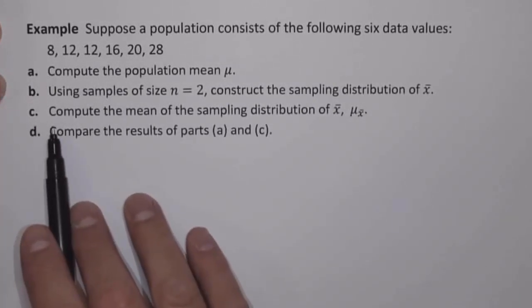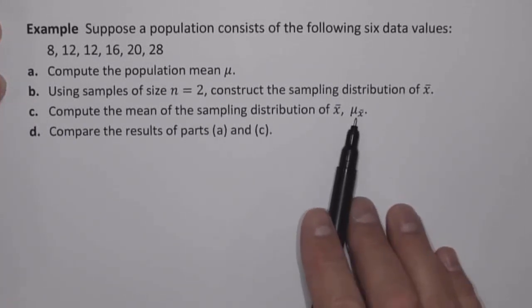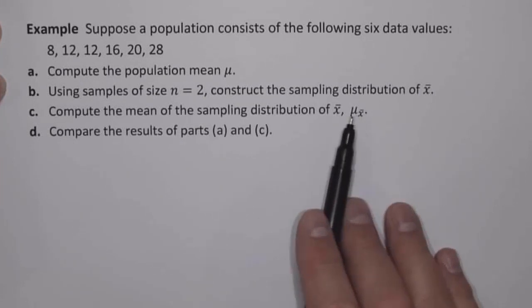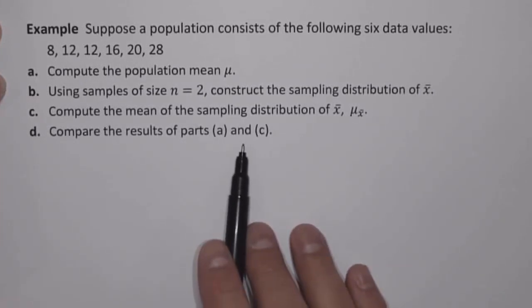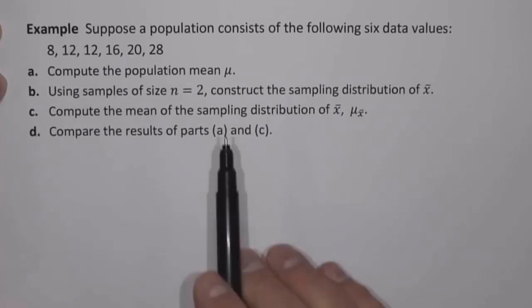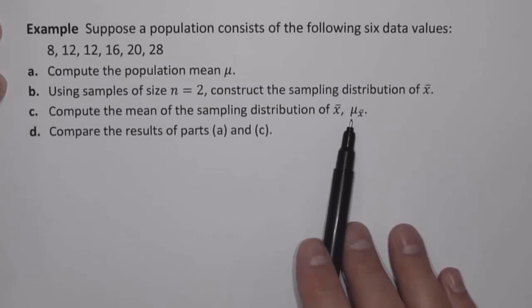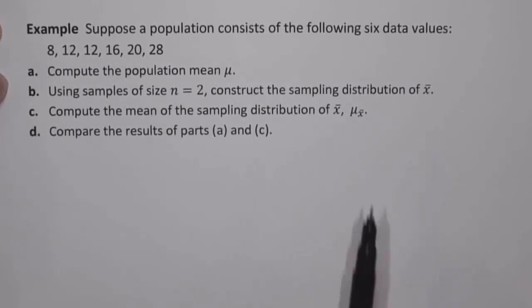In Part C, we're going to compute the mean of the sampling distribution of x bar, which we will denote mu sub x bar. And then in Part D, we want to compare the results for parts A and C. So we want to compare the mean of the population with the mean of the sampling distribution of x bar.